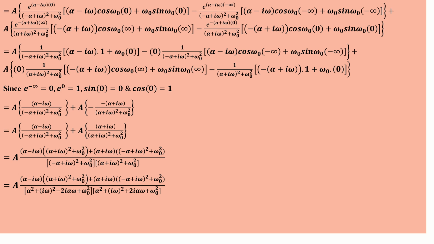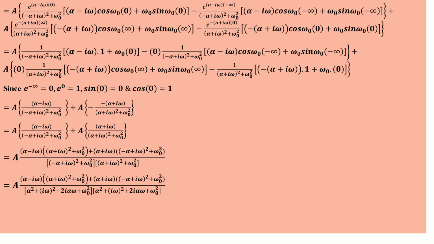Alpha square a minus b whole square minus alpha plus I omega square, we are using a minus b whole square formula. So alpha square a square plus b square I omega square minus 2ab minus 2I alpha omega plus the next term omega naught square. Here a plus b whole square formula, I am talking about the denominator term.